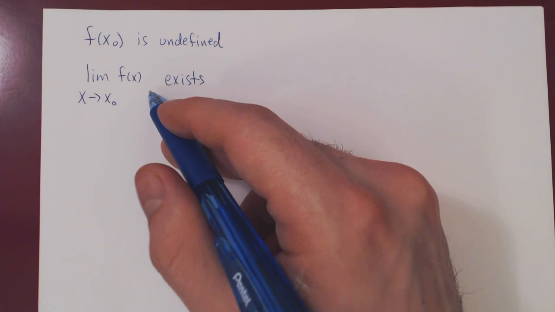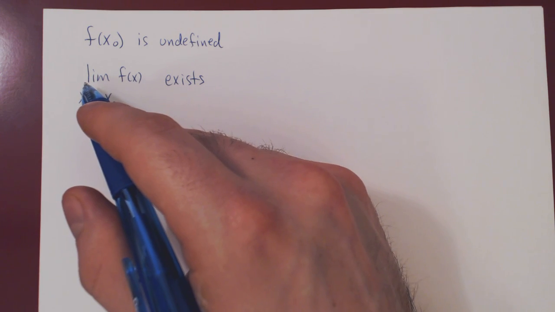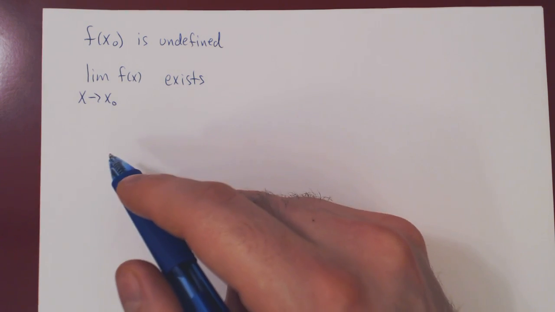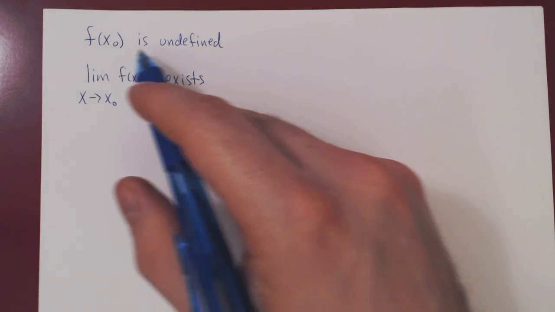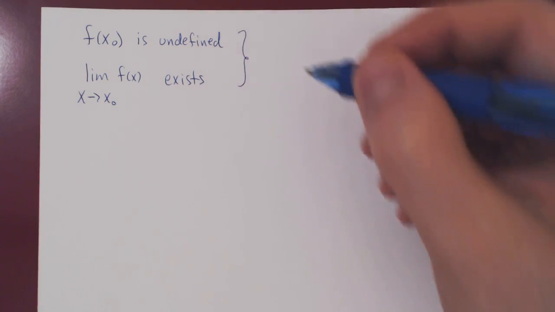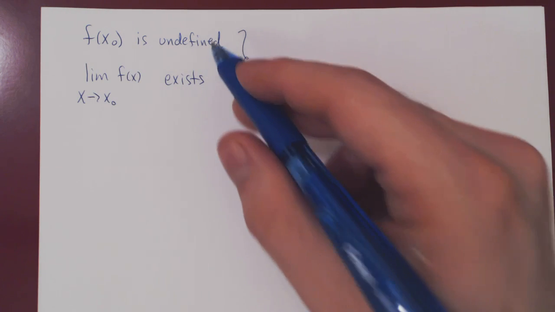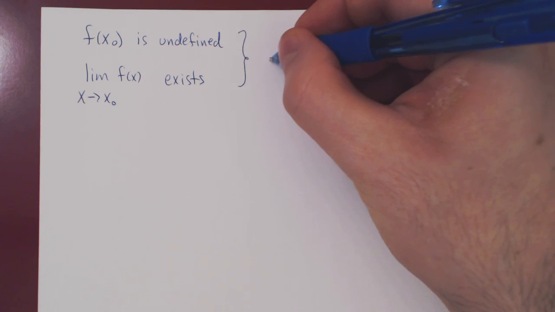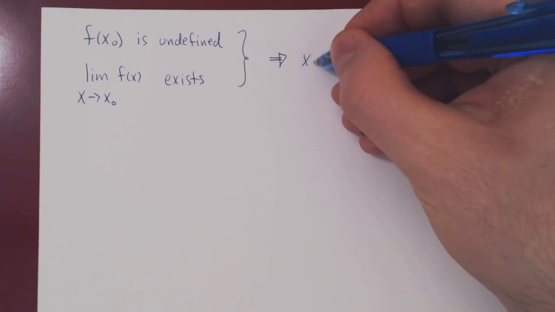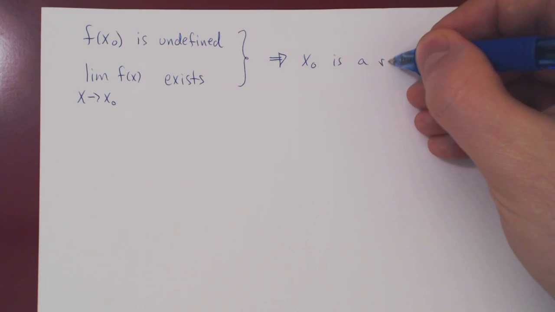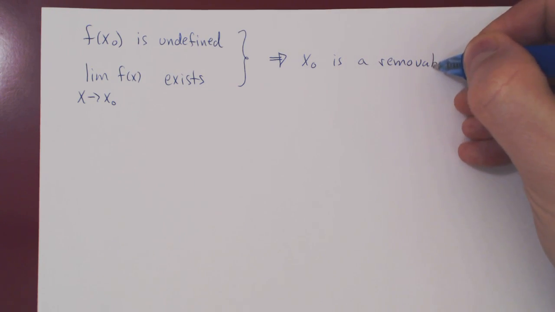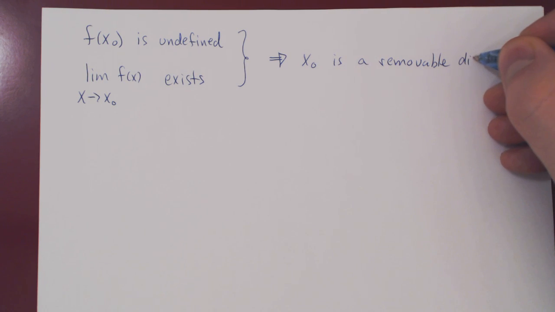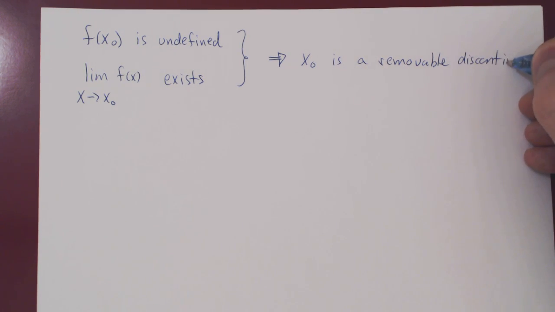The value could be, as we've seen, negative 2, 3/4, 7 over 9, doesn't matter. But if the limit of the function exists around x equals x0, but f of x0 is undefined, this implies that everything is nice except there is a hole in your function, and if you fill in the hole, you remove the discontinuity, so this implies that x0 is a removable discontinuity. And that's it.